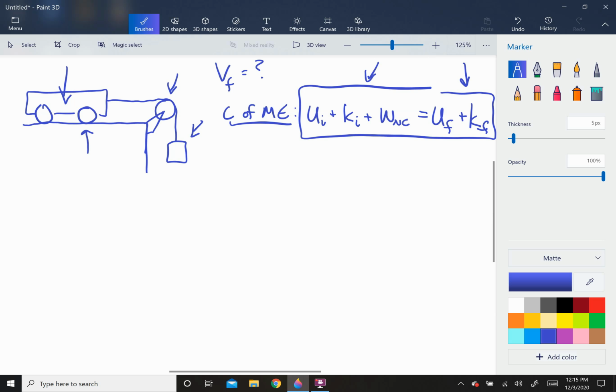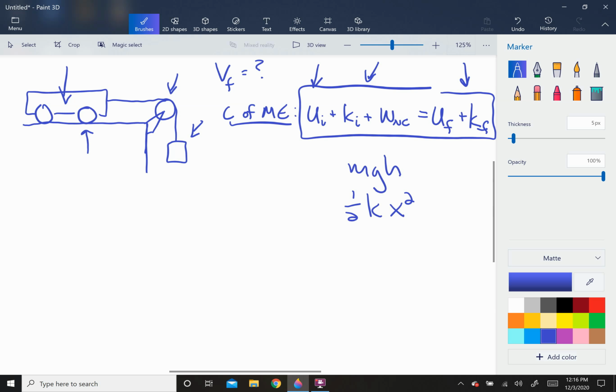So that point right before everything starts moving, I ask myself, is there any potential energy at the beginning? And remember, we know 2 kinds. We know gravitational potential energy, and we know spring potential energy. Okay? So, is there any spring potential energy in this problem? There is not, right? There are no springs.